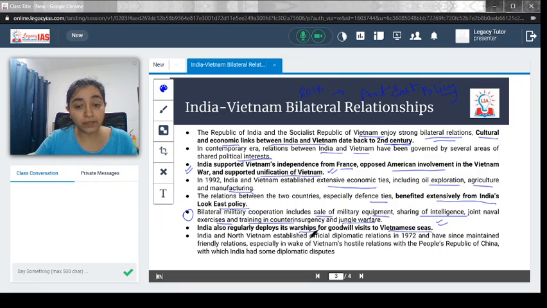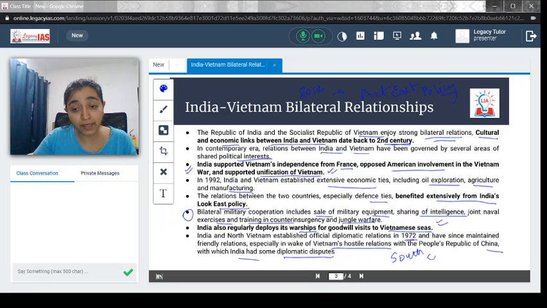India and North Vietnam established official diplomatic relations in 1972 and have since maintained friendly relationships, especially in the wake of Vietnam's hostile relationship with China, with which India had some diplomatic disputes. So we know that Vietnam and China are disputing over the kind of aggression China is showing in the South China Sea.